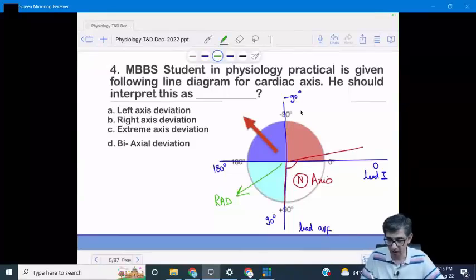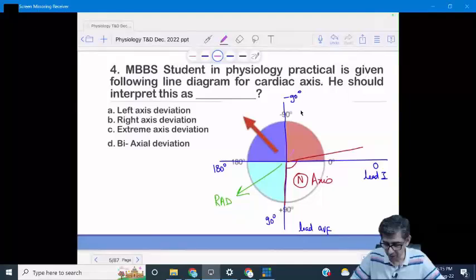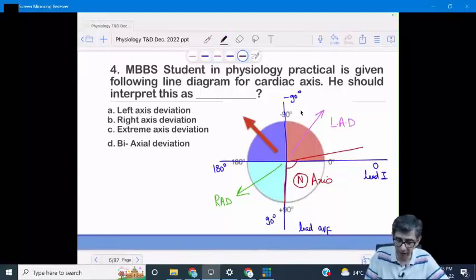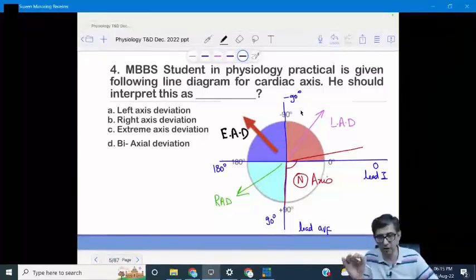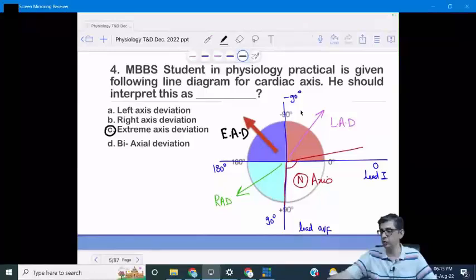On the other hand, suppose they give you an arrow in this direction, which I've shown in purple color. Then this superior quadrant would be called left axis deviation. But what is asked of you is a quadrant which is diametrically opposite to the normal, that is called extreme axis deviation. The correct answer for this question number 4 is option number C.